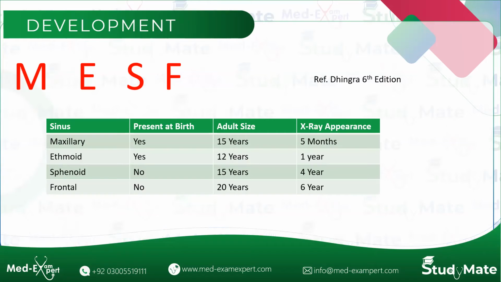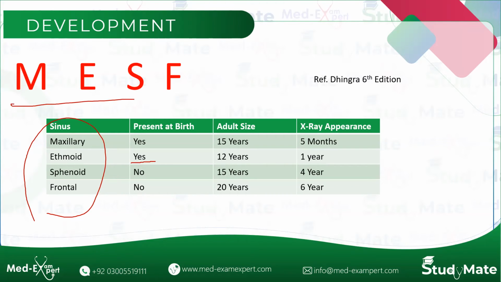Next, this is also again a very important table. इसमें अगर आप देखें, we have four sinuses: the maxillary, ethmoid, sphenoid, and the frontal sinus. First two sinuses are present at birth, where the last two sinuses are absent at birth. तो आप में से जो भी फुटबॉल के फैंस हैं, उनको पता होगा एक फुटबॉल प्लेयर है मेसी. तो ये एक निमोनिक है इसको याद करने का, मेसी फैन.